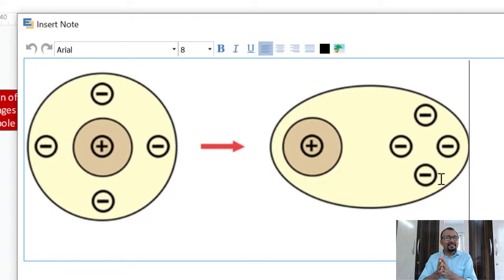So this minus delta, a little negative cloud of the electron, will attract the nucleus of the other atom in its vicinity. And that develops the bond, the force of attraction between these two atoms. This kind of force is called the London dispersion forces.